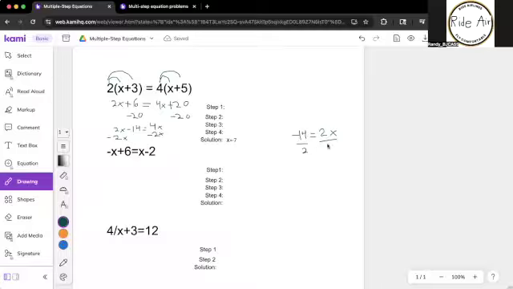So a negative divided by a positive must be a negative. We can do this with a different color that I am going to show you here.